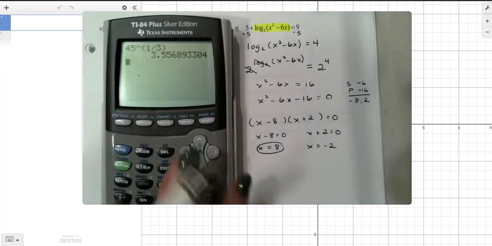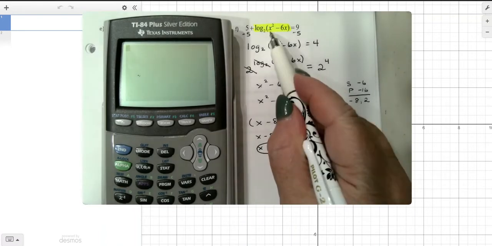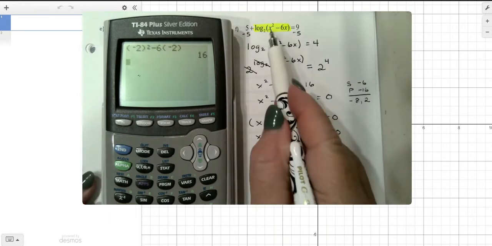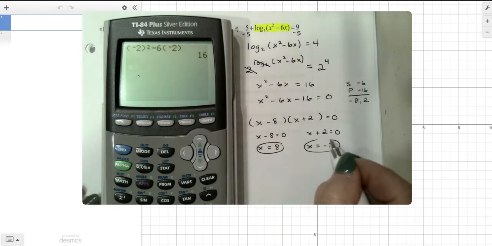What I'm going to do is I'm just going to plug the -2 into the x squared minus 6x to make sure that's positive. And indeed, that makes that a positive 16. So x equals -2 is just fine.